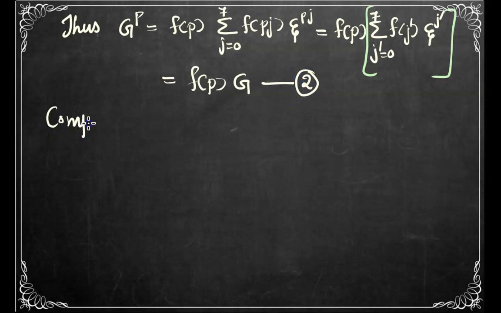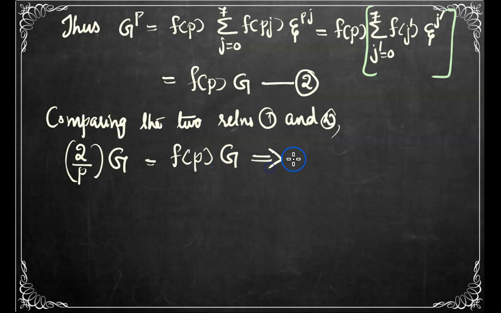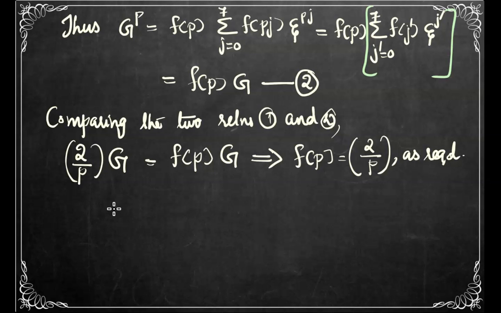Now comparing the two relations 1 and 2, the right side of the first expression was Legendre symbol 2 by p into g and the RHS of the second relation is f of p into g. This implies that f of p is equal to Legendre symbol 2 by p, as required for the proof of our proposition.